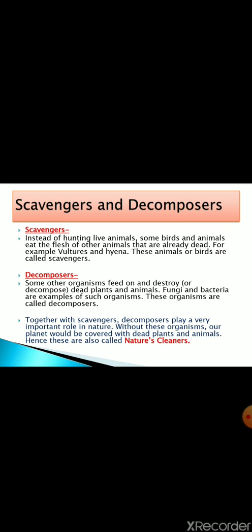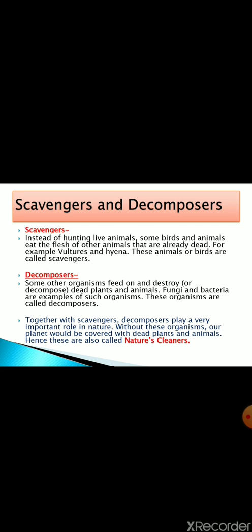But how are these eating? Now you will see scavengers. Scavengers are the animals, may be some birds or animals, which, instead of hunting live animals, eat the flesh of other animals that are already dead. For example, vultures, hyena, these animals or birds are called scavengers.